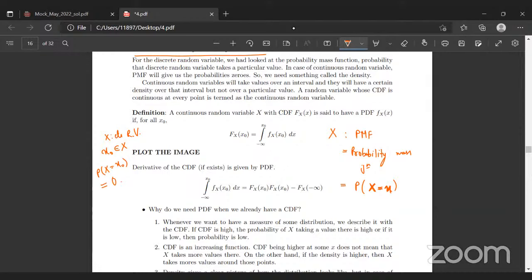In this case, we introduce the density function that we call the PDF. The PDF is defined as: any continuous random variable x with CDF capital Fx is said to have a PDF if for any x naught, Fx of x naught is the integral from minus infinity to x naught of small fx. So this function, this small fx, is your PDF function.